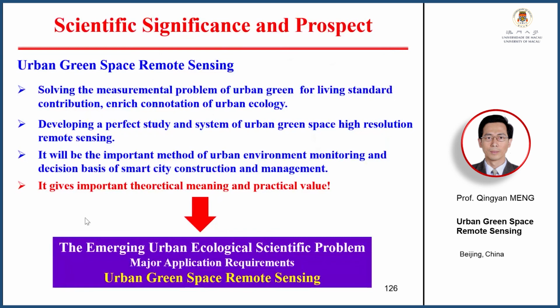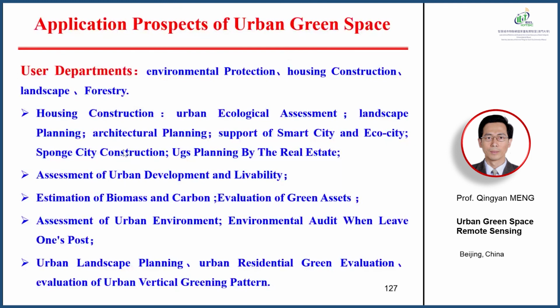I hope you can like it and benefit from it, and that it can offer important theoretical significance and practical value. It can be used in protection, house construction, landscape, forest, and many aspects, also carbon studies.